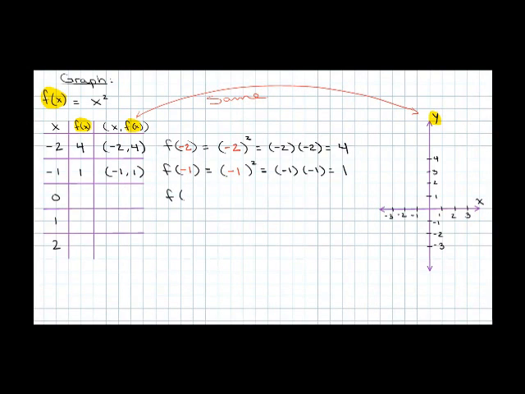f of 0 is going to be equal to 0 squared, but since 0 squared is just 0 times 0, we're just going to get a 0 right there.